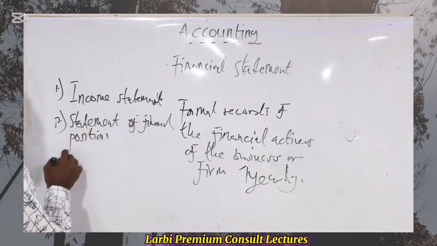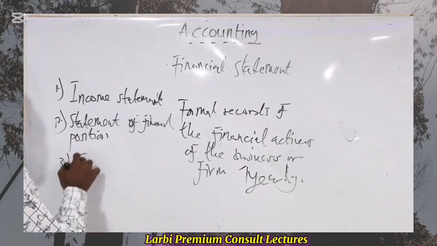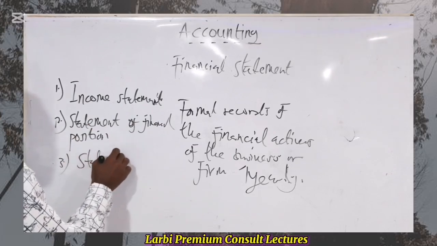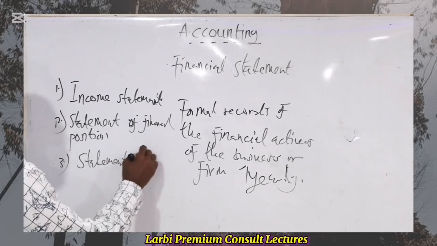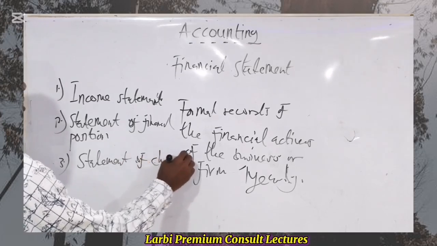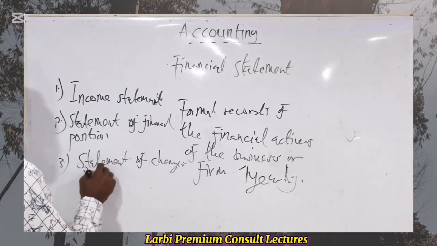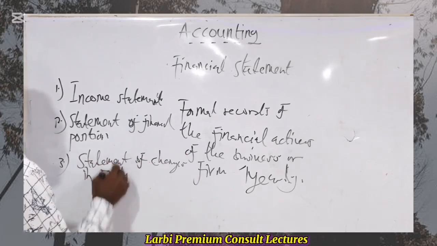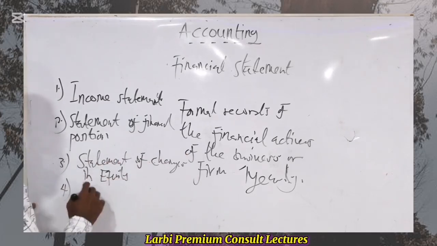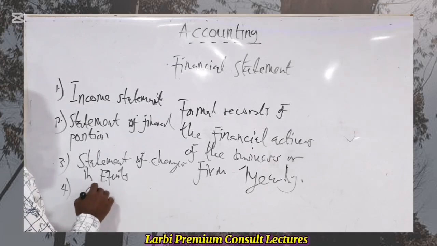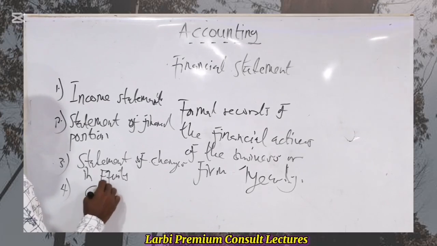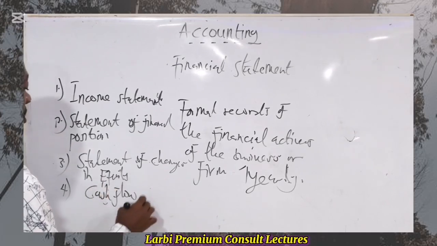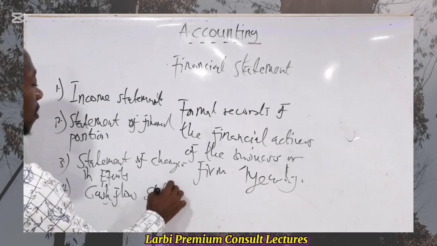The OG term. Then we have the statement of changes in equity. We'll talk about that. Then we have what we call the cash flow statement. The name should tell you something about a cash flow statement.